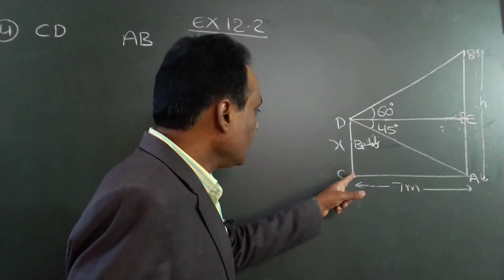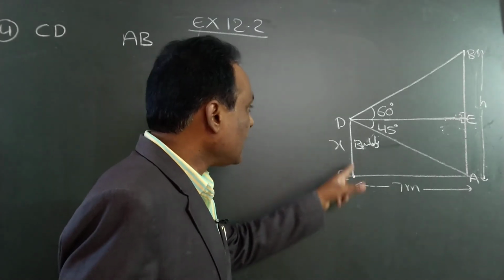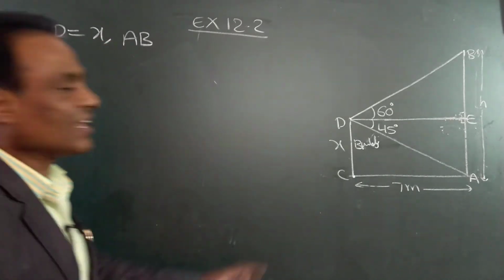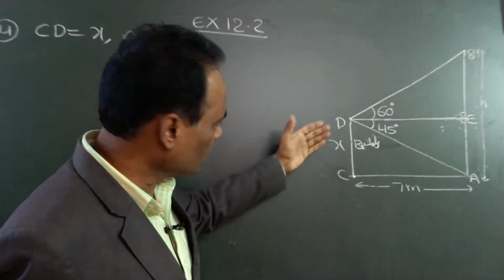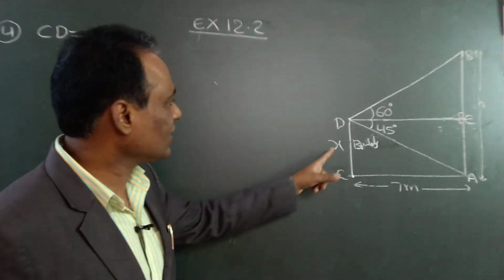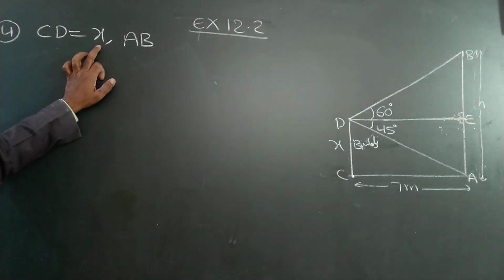Now, let CD is equal to x, height of the building, which is not required, but we should take something so that using it only we find h. So let CD is equal to x.